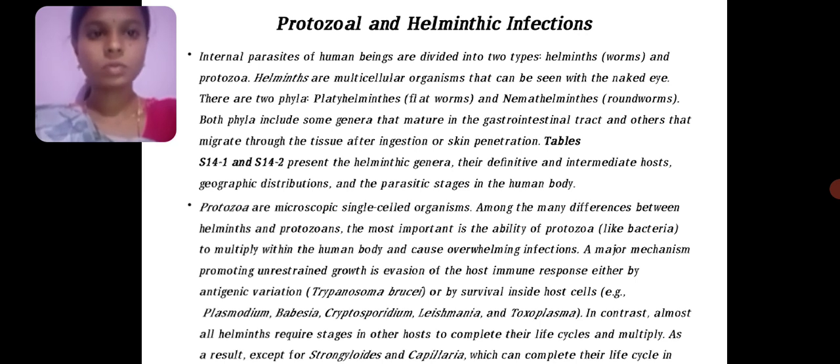There are two phyla: flatworms and roundworms. The phyla include some genera that mature in the gastrointestinal tract and others that migrate through the tissue after infection or skin penetration. Present the helminthic genera, the definitive and intermediate host, geographical distribution, and the parasitic stage in the human body.